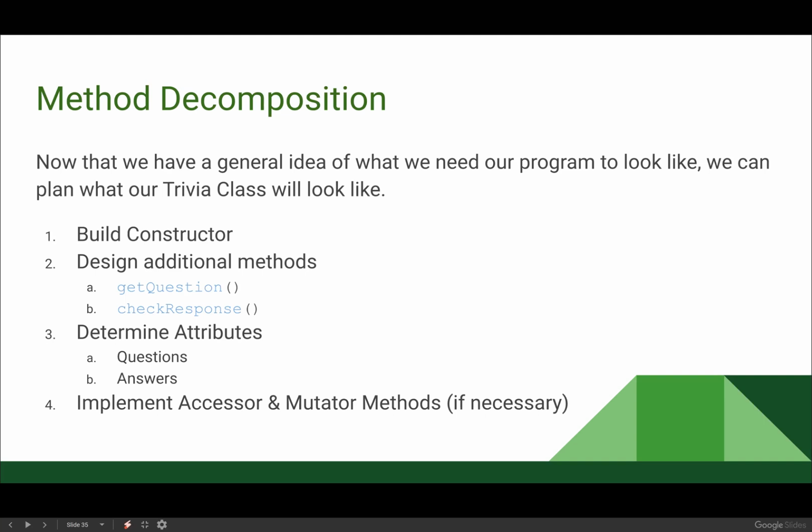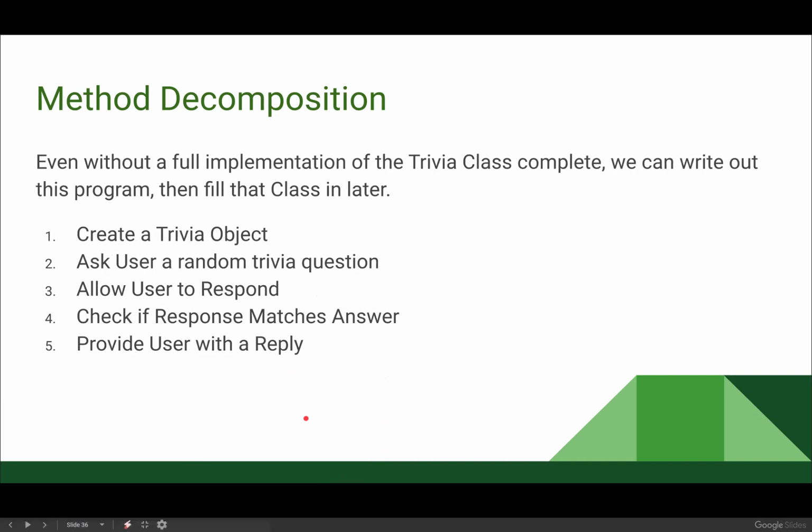We might not need to at this point, because getQuestion is probably going to handle our retrieval of questions and answers. And we don't need the user to be able to change the questions or answers. So we might not even need accessors or mutators here.